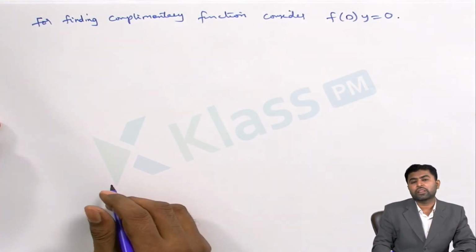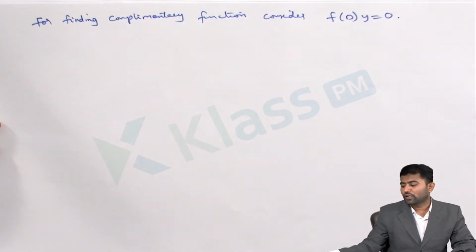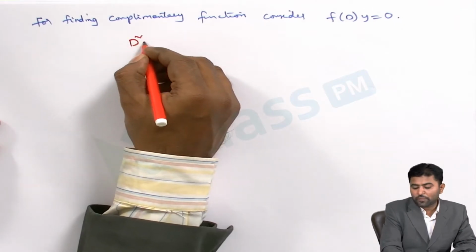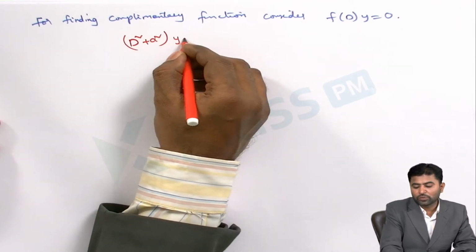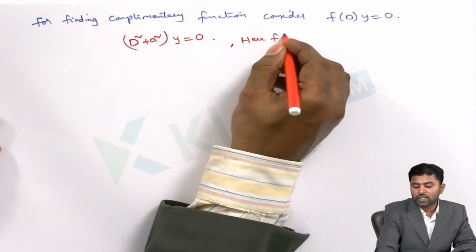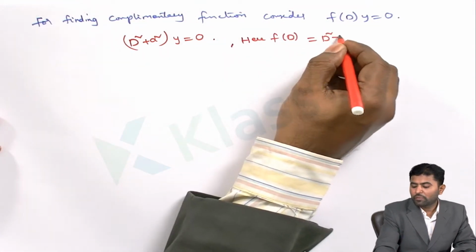You have to consider only the homogeneous differential equation. F of d into y is equal to 0. That is d square plus a square into y is equal to 0. Right? Here f of d is d square plus a square.